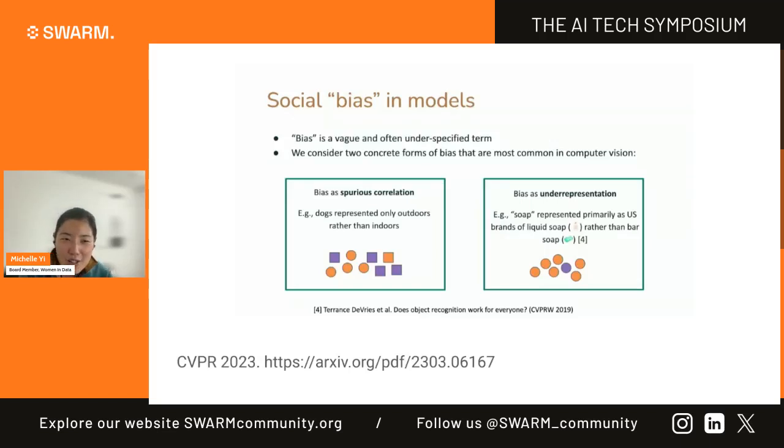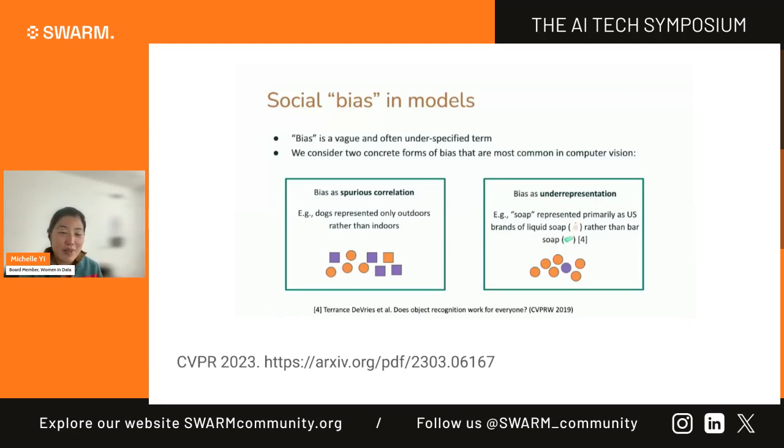So when we talk about social bias or bias in general for models, the social bias being more on the fairness criteria of trustworthy AI systems, we can still extrapolate more broadly to out of distribution problems by thinking about two general types of issues. One is spurious correlation, like dogs are represented only outdoors. But of course, dogs live inside too. Lots of us have pets that live inside, right?